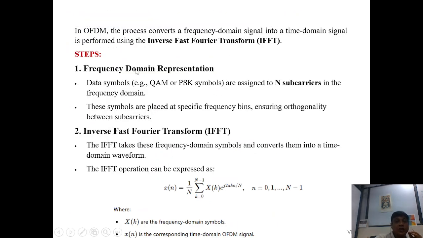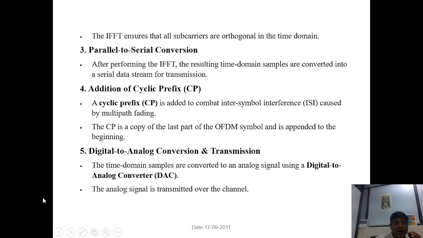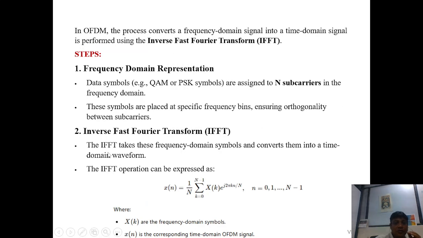What are the steps? If we try to understand the frequency domain, the data symbols are assigned to subcarriers in the frequency domain. These symbols are placed at specific frequency bins, ensuring orthogonality, meaning that carriers should be orthogonal to each other. Then we do the IFFT. The IFFT takes these frequency domain samples and converts them into a time domain waveform.